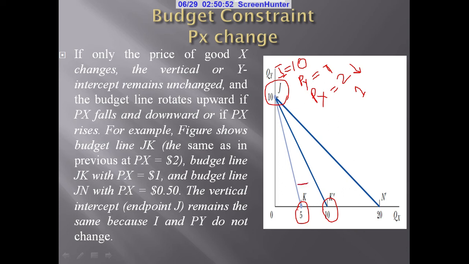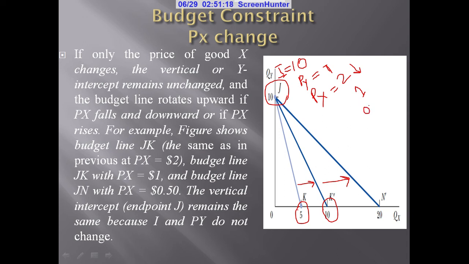It shows that when the price of X decreases, the budget line rotates and moves outward. Further, when the price decreases further, let's suppose the price decreases to 0.5.